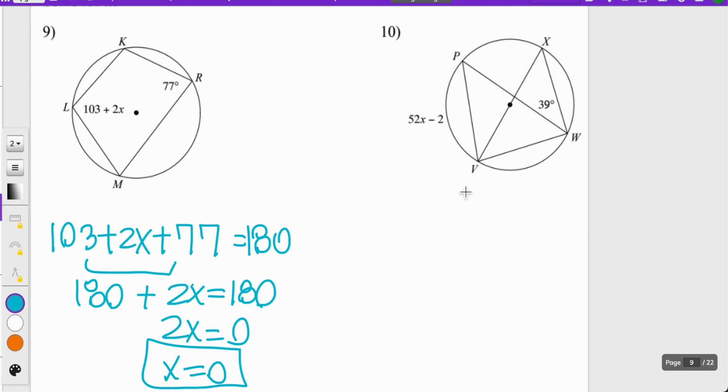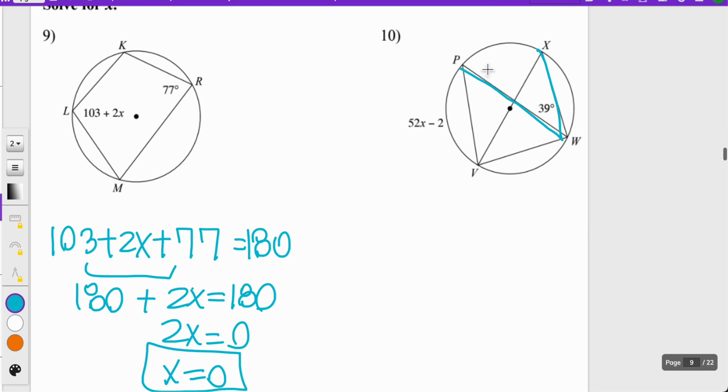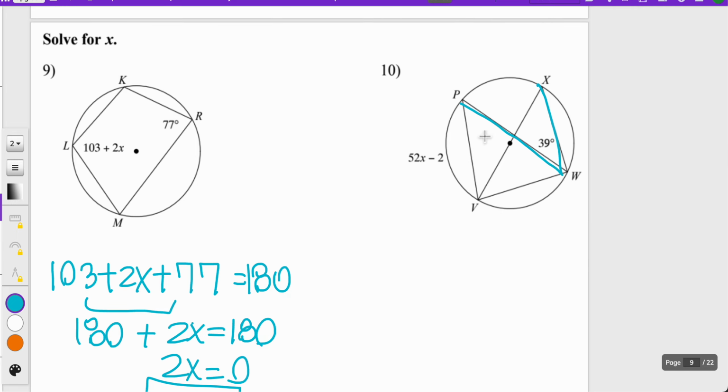For number 10, thinking about your intercepted arc here, we're looking for 5x minus 2, but maybe thinking about how that relates to another piece. Notice I'm having my diameter, so really this corner piece is 90, so 39 subtracted from 90 gives me here 51.